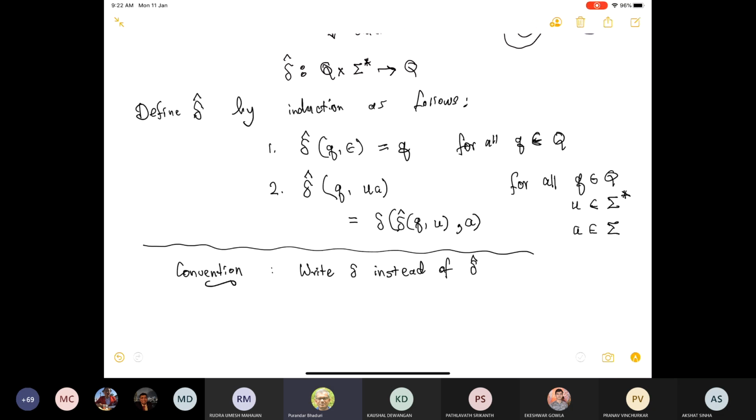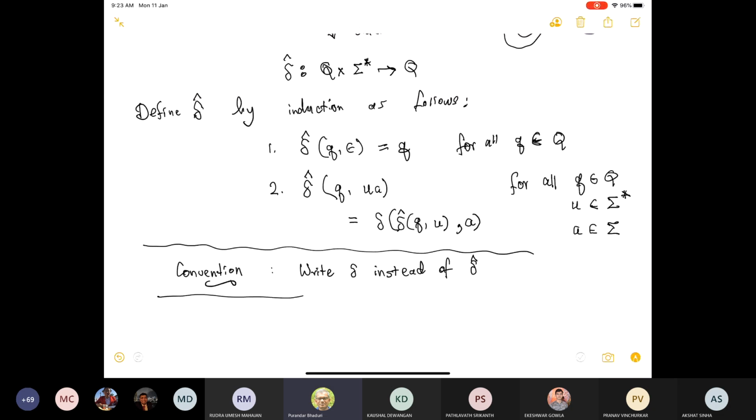Okay. So we use delta for both the transition function as well as its extension to strings. And there should not be any confusion because you always know from the context which function is meant. Okay. So this is like overloading in programming languages. So we overload this notation. Why? Because it's cumbersome to write this hat.